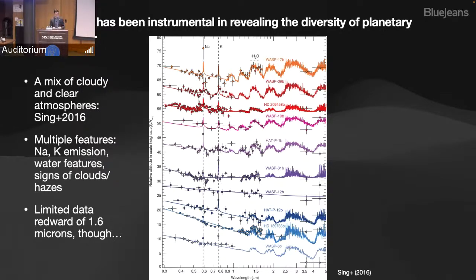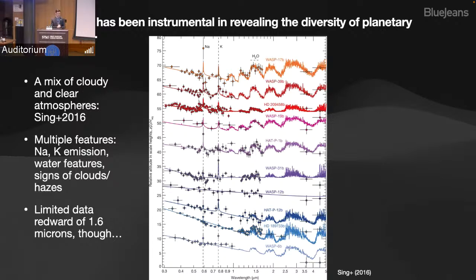You can see there are only maybe a handful of systems, and they have different properties that you can observe from all of these transit spectroscopy measurements. You can see the emission features that I mentioned, also some water features between 1 and 2 microns. There are also signs of clouds and hazes, the ramps that you're seeing on the left of this plot.